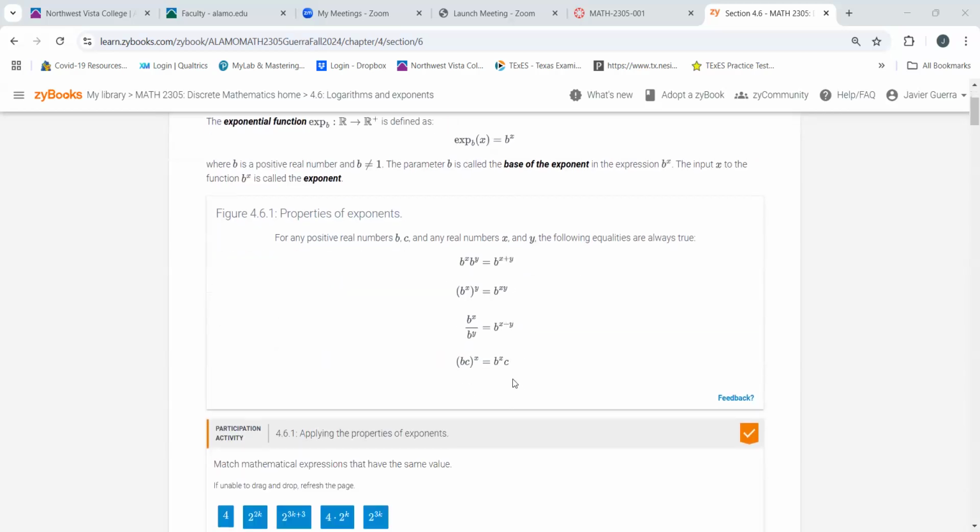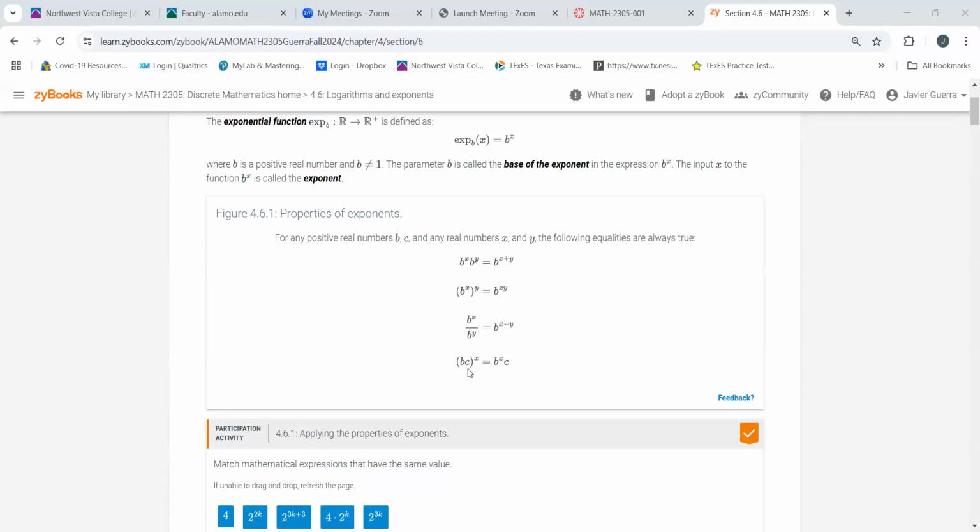All right, so let's review our properties of exponents. As you all recall, if you have base b raised to the x times base b raised to the y, we add the exponents, keeping the base. Here we have b to the x and the whole expression is raised to the y power. We multiply the exponents, x times y. If we divide b to the x by b to the y, we subtract.